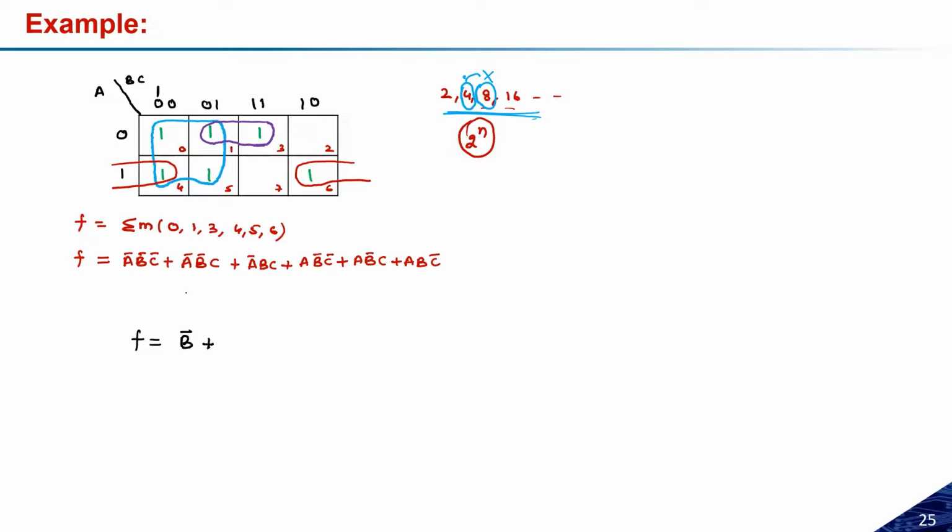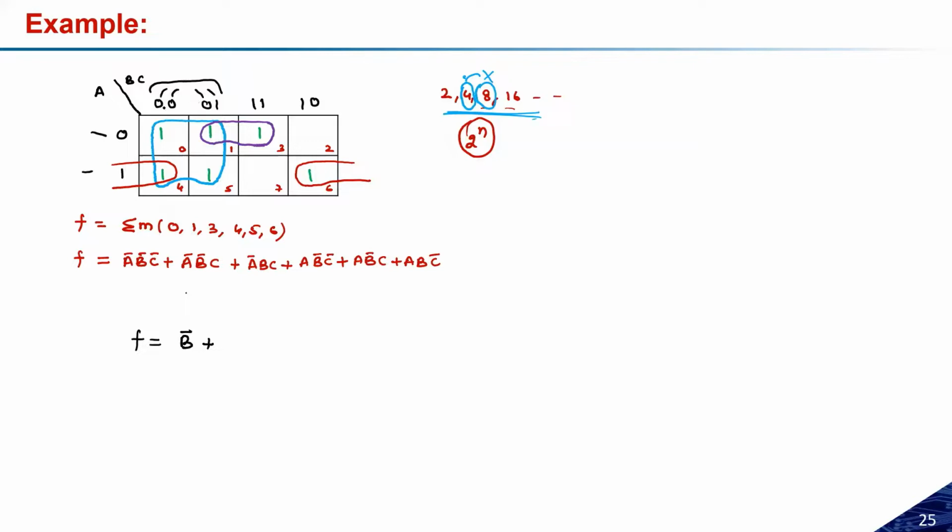Let me repeat again what I did. Let us first consider this blue pairing. In the blue circle, A bar and A both are covered, because this is covering this one. A bar and A is covered, and C bar and C is covered, and B bar is here.